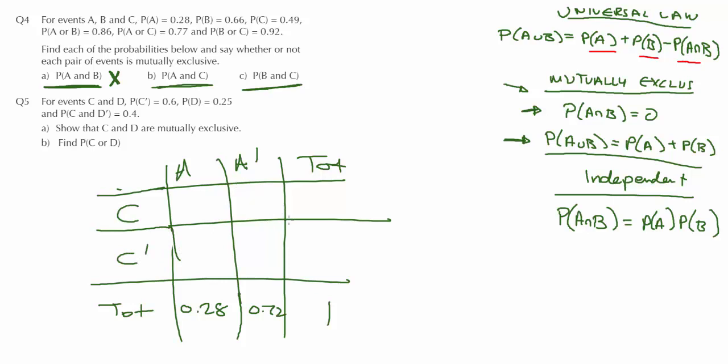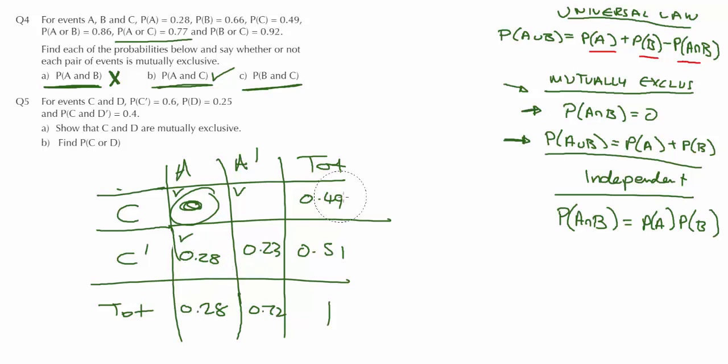C is 0.49, which makes 0.51, and I know that A or C, that means this one and this one, add up to 0.77, which means this one has to be 0.23. I'll start working my way through, getting the calculator. Remember, never be a hero in the exam. This is 0.28, which makes this 0. Hurrah! This one is mutually exclusive.